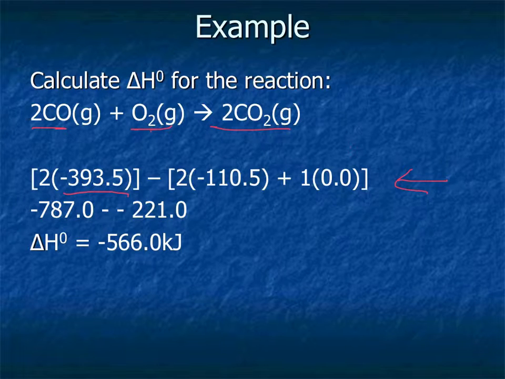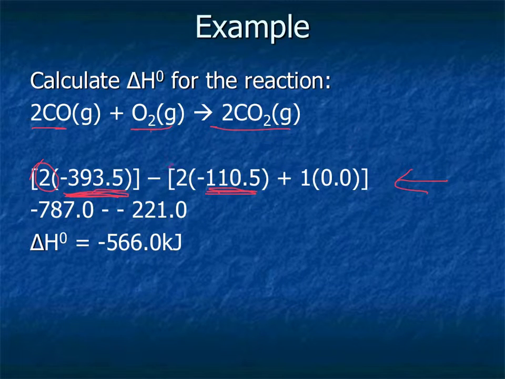There's only one product, but there are 2 moles of CO2, so I need to multiply it by 2 here, right? Because this is an energy per mole. Okay, so now I have my closed brackets, which means I'm done summing everything up, and then I go to my reactant side. And as you can see here, this is the CO value.